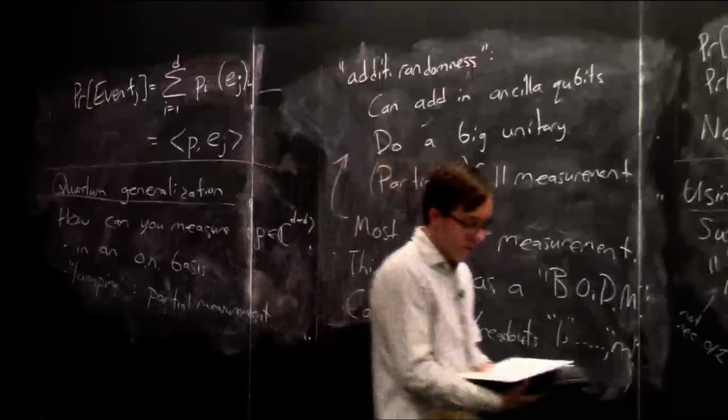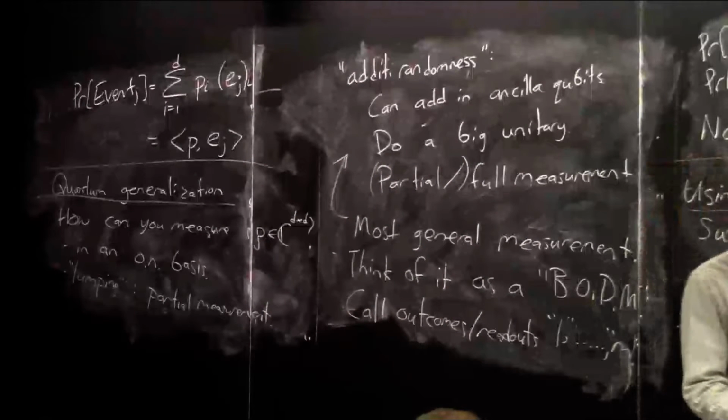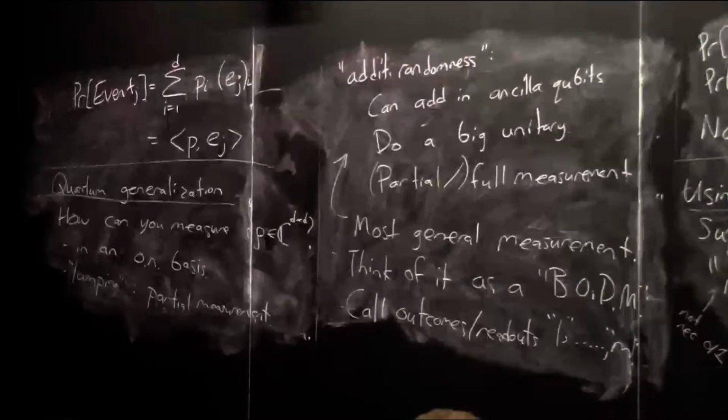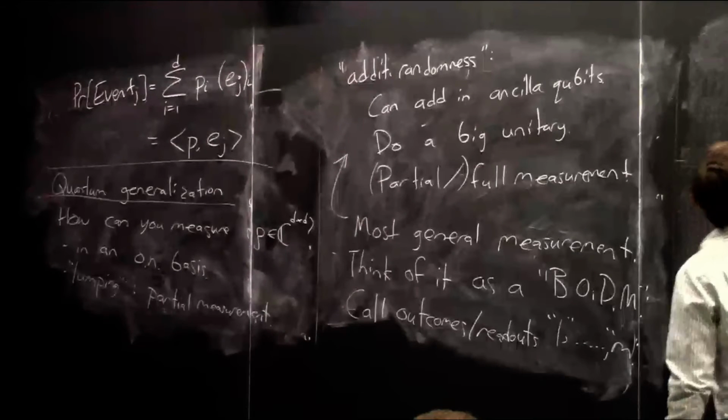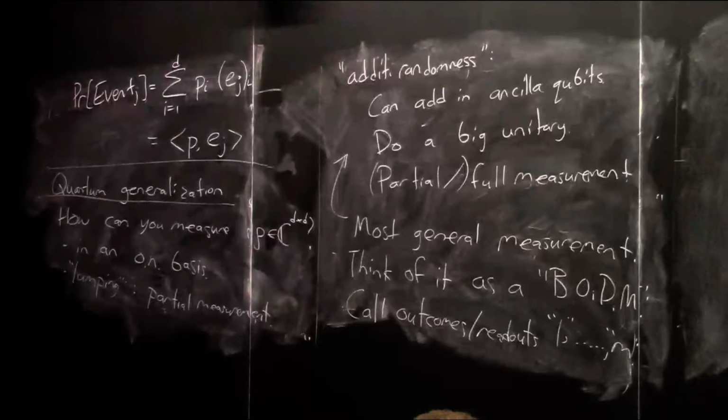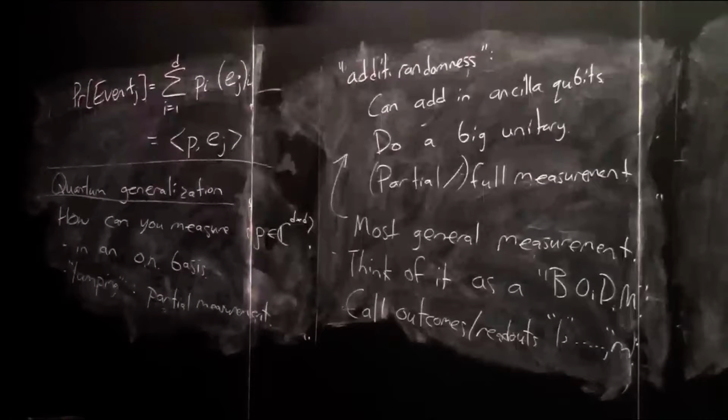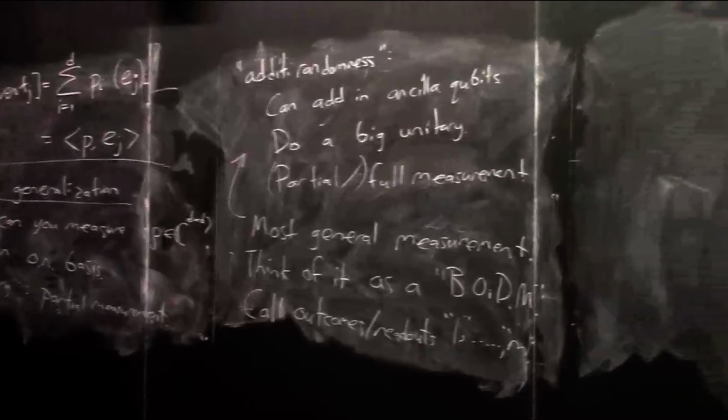Okay. So you know all the rules of quantum mechanics now. So you could think about, okay, if I had a mixed state rho, which is a probability distribution over pure states, and I put it into a quantum circuit that had some ancillas, and I did a full measurement, I could compute the probabilities with which I'd see each of the measurement outcomes, blah, blah, blah.